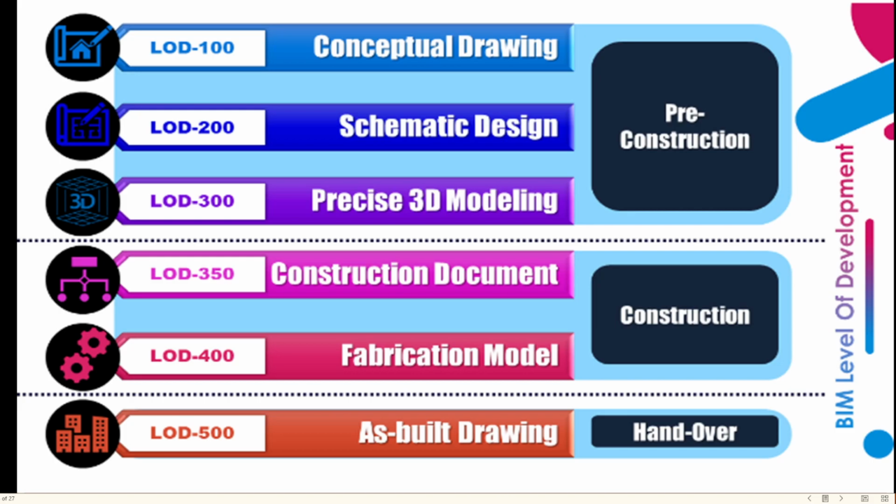In general, according to the graphics observed here, the pre-construction phase will include conceptual drawings, LOD 100, schematic design, LOD 200, precision 3D modeling, LOD 300, while the construction phase will include the construction document, LOD 350, and fabrication models issue for construction drawings, LOD 400, and the delivery phase will include the as-built drawings, LOD 500.